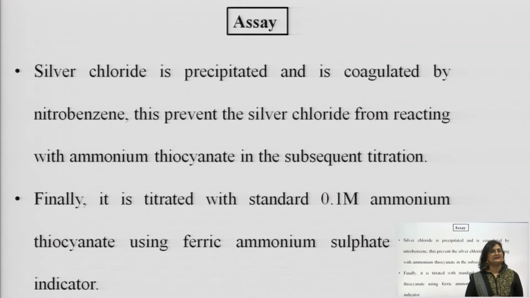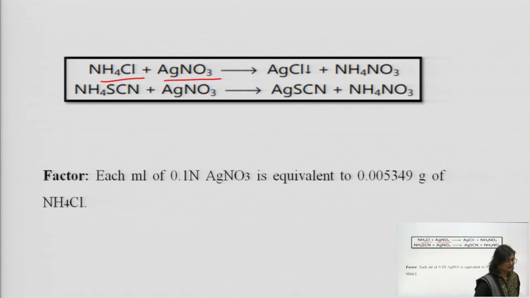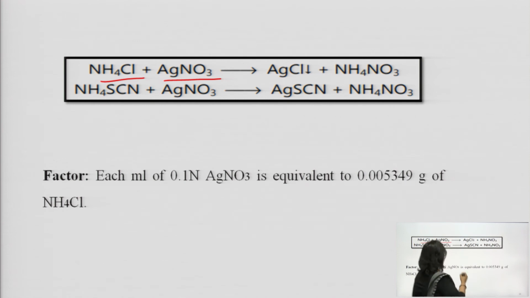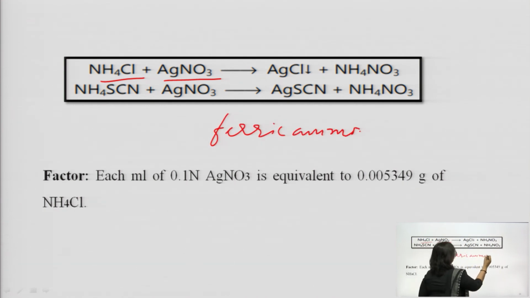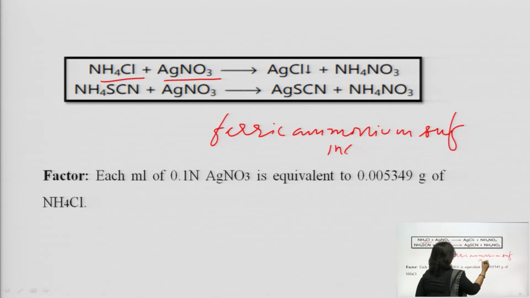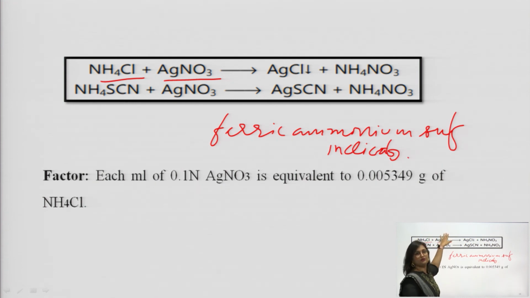Finally, it is titrated with standard 0.1 molar ammonium thiocyanate, using ferric ammonium sulfate as indicator. So what happens? Ammonium chloride is made to react with silver nitrate solution. Silver chloride is formed.